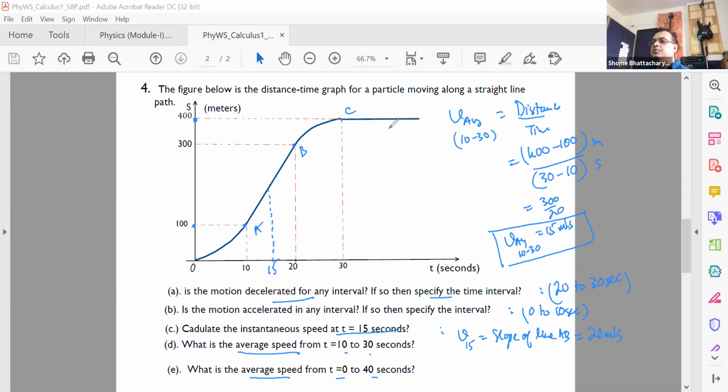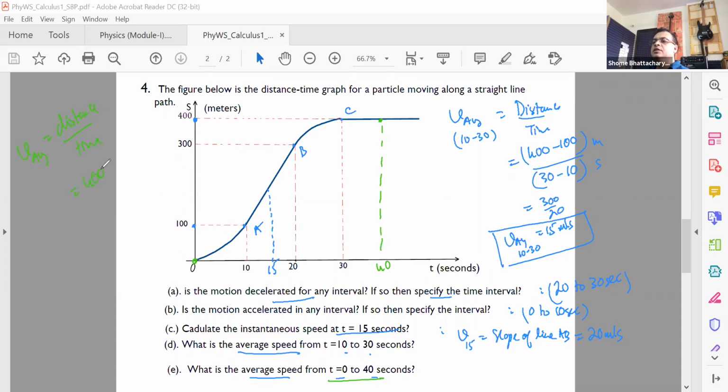Similarly, if you look at the average speed between 0 and 40 seconds, you can see 0 is here and 40 is somewhere here. So the total distance traveled from 0 to 40 is the total distance of the journey only, because by the time you come to 40 seconds, you come to rest and you started at 0.